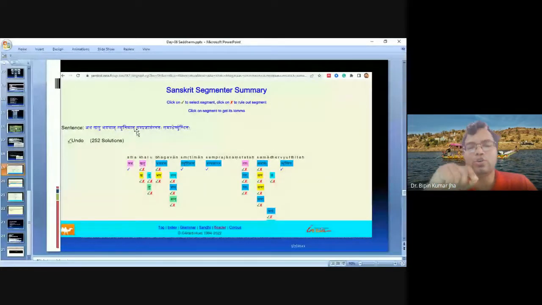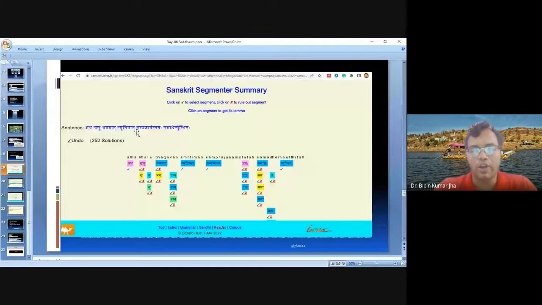You need to select whether it is in Devanagari or another script. When you give proper input, it will split the sentence. And how is it split? Atha Khalu Bhagavan Smritiman Samprajanan Tatah Samadhe Vyutthitah.